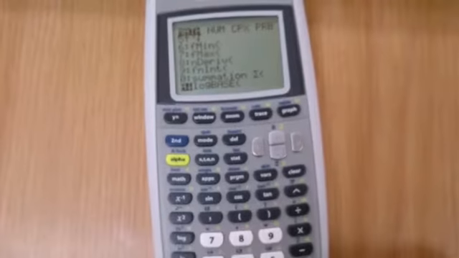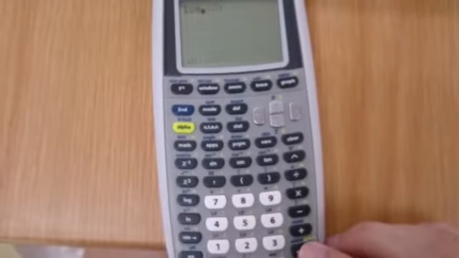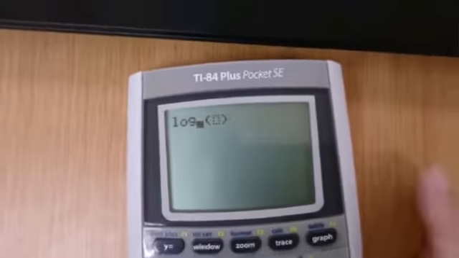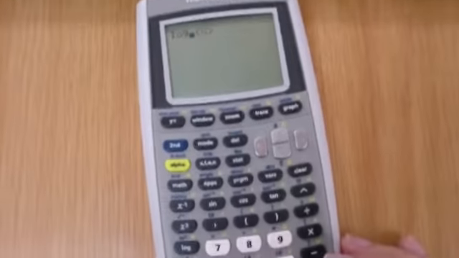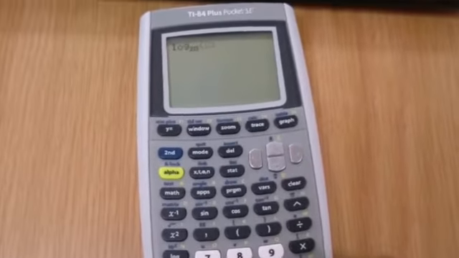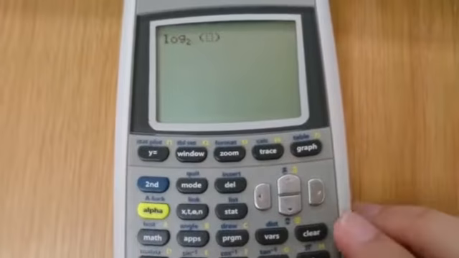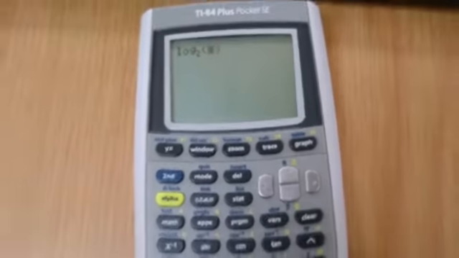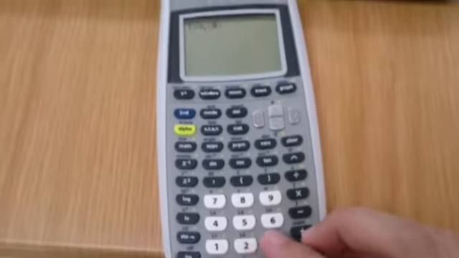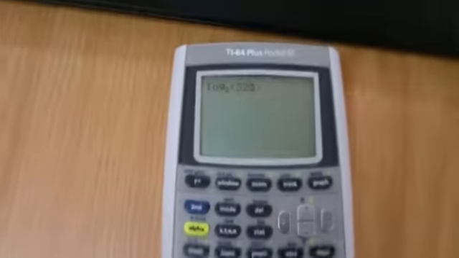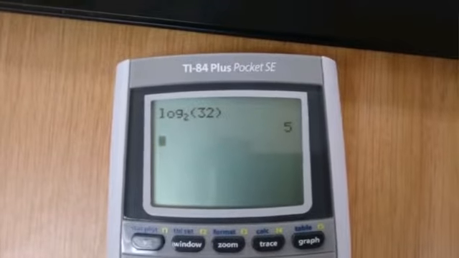Press enter. Then from here you insert the base 2 and 32. So the answer is 5.